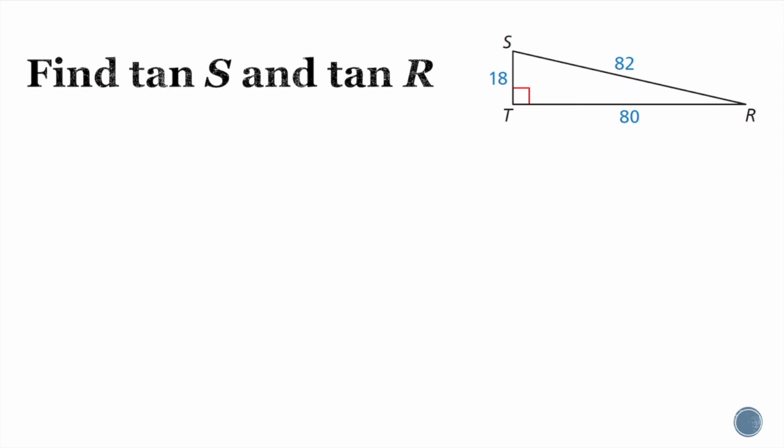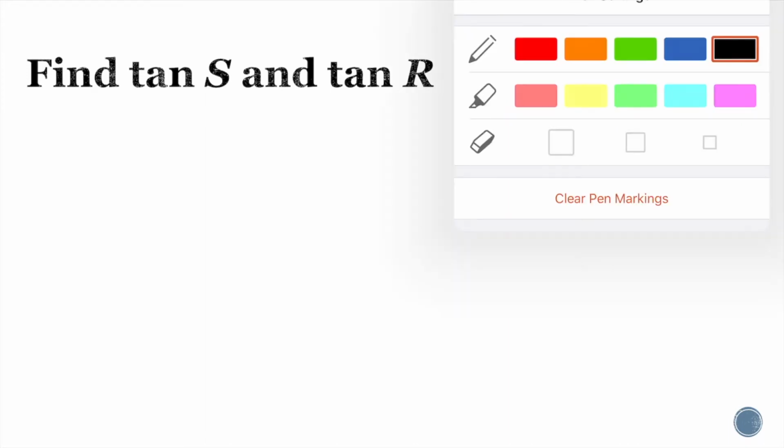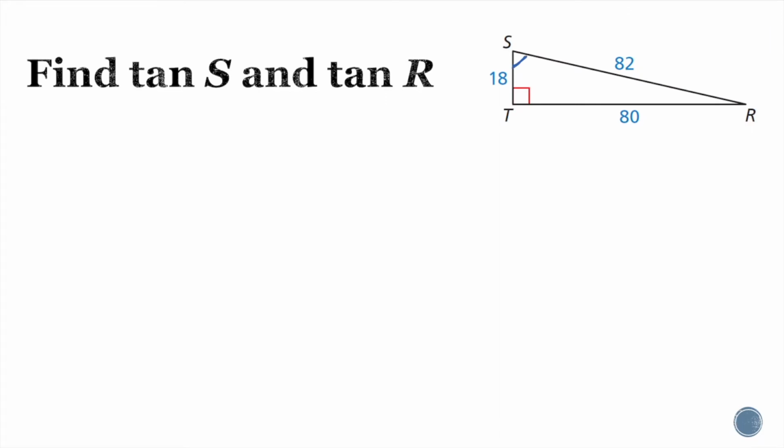So an example of that is here. I want you to find tangent of S and tangent of R. Here I have tangent S, angle S, and so the opposite side of this angle is 80, and the adjacent is 18.